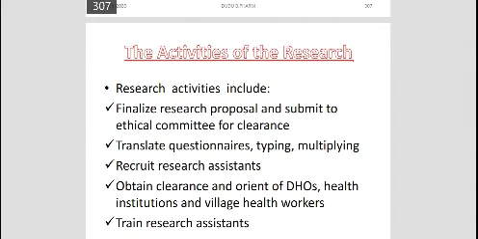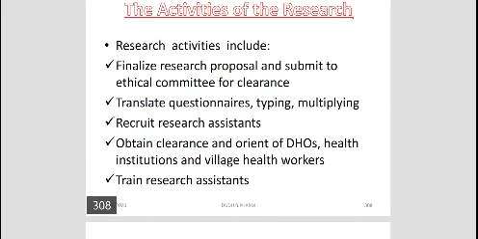I will say the research activities include: finalize research proposal and submit to ethical committee for clearance. We have seen in research ethics, so when we say committee for clearance, we know what it means.